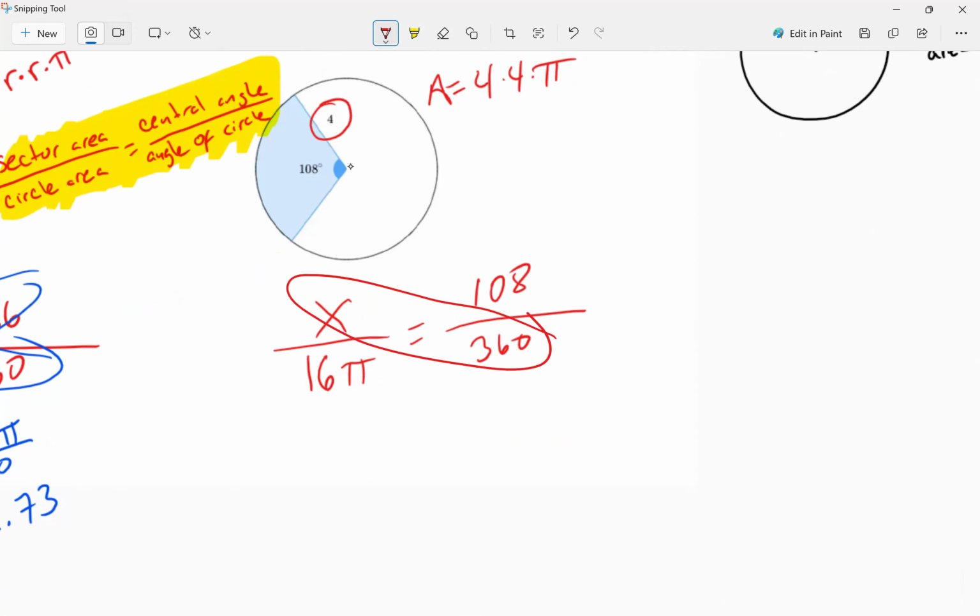So when I cross multiplied, 360 times x is equal to 108 times 16, which is 1,728 times pi. Let me divide both sides by 360. On my calculator, I'm going to type in a fraction: 1,728 times pi divided by 360.